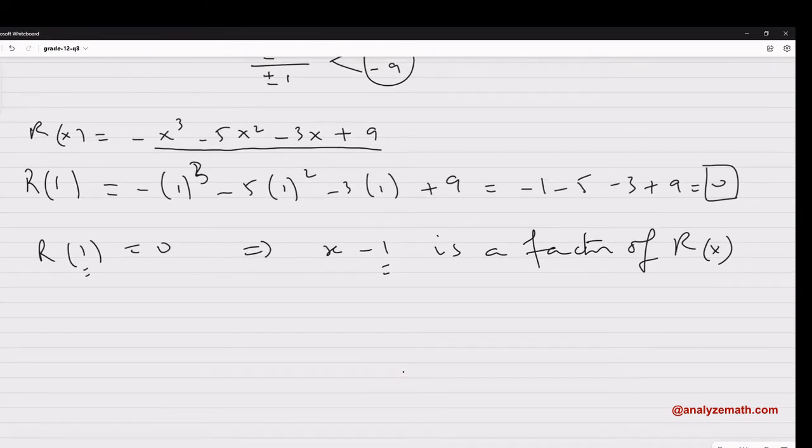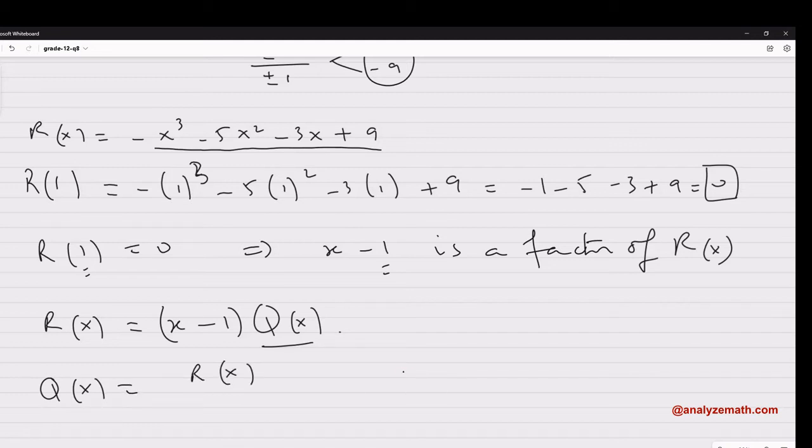Therefore R(x) is the x minus 1 factor multiplied by a certain polynomial Q(x). How do you find this? Very simple. Q(x) is equal to R(x) divided by x minus 1.